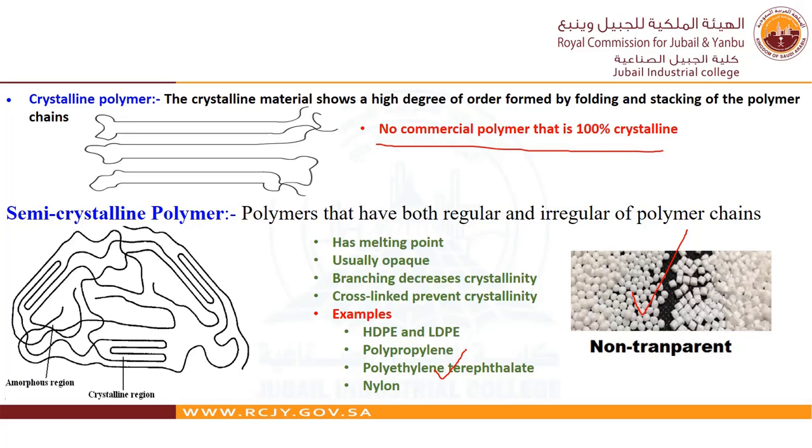For example, polyethylene terephthalate is semi-crystalline, which means it is not transparent, but you can make it transparent during processing. When you melt it, it becomes amorphous. When you quench it, cooling it immediately, you end up with a transparent polyethylene terephthalate. But if you allow it to cool slowly, that is annealing, you end up with a semi-crystalline polymer that is not transparent.